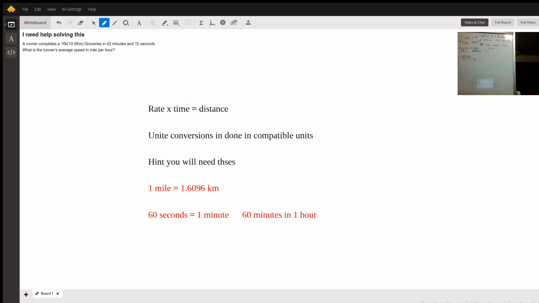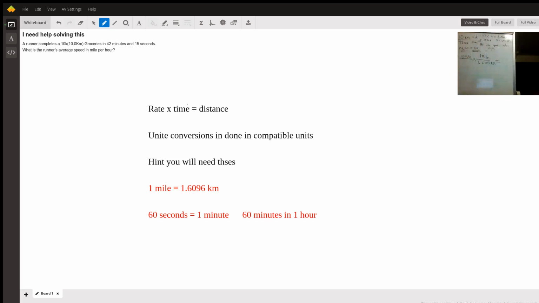When we're doing conversion, the easiest way is to ask what it is I'm trying to cross out. We have kilometers, and we need to get to miles. So the conversion factor is 1.6 kilometers, and we know that 1 mile is equivalent to 1.6 kilometers.